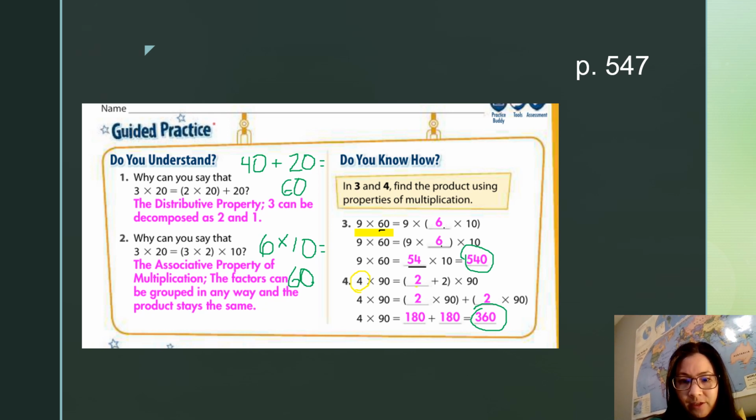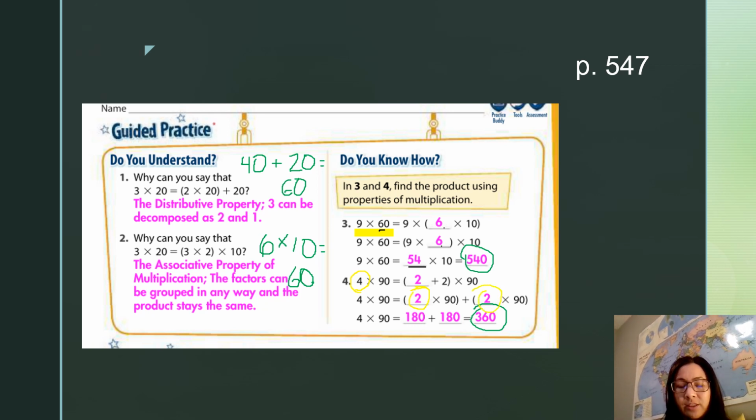So that's how they figured out the 2 goes here in the blank spot. 2 plus 2, and you multiply that times 90. Now we're taking both of those parts of the 4. Here's the first 2, here's the second 2, and that's what we're using to fill in the blanks. 2 times 90 plus 2 times 90.